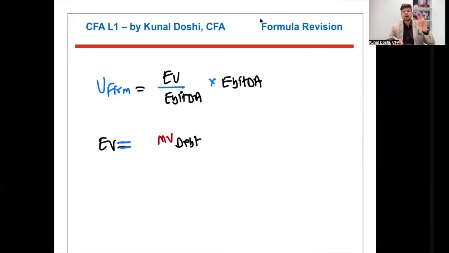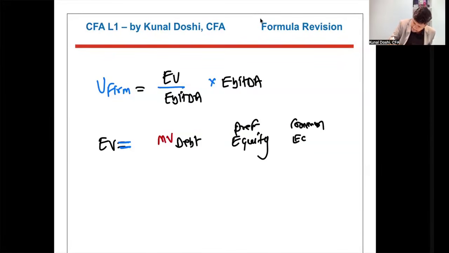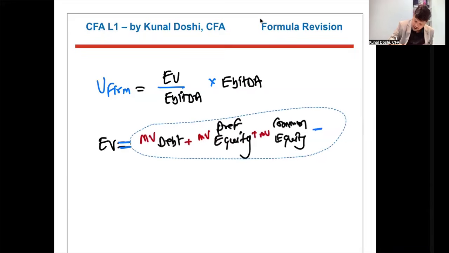Debt means long term and short term both. Market value of preferred equity, market value of common equity. We take the market value of all, okay? Minus, we do what? Cash and equivalents, or cash and short-term investments.